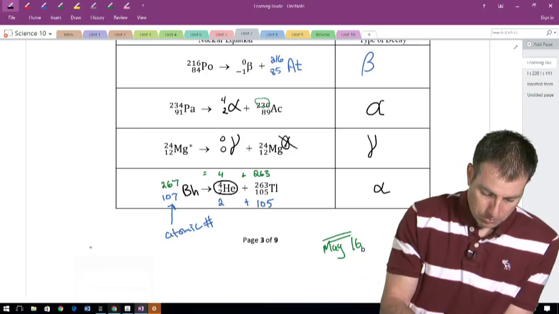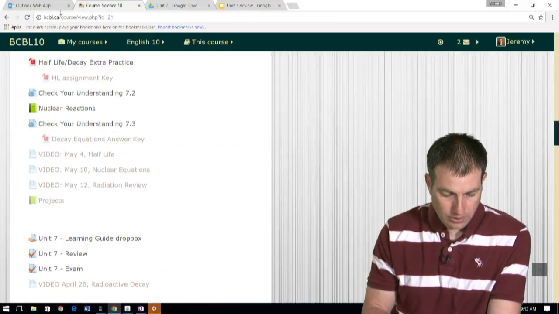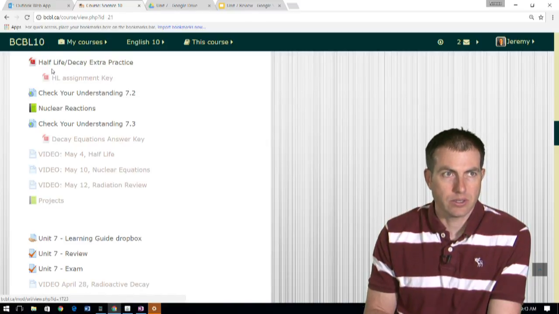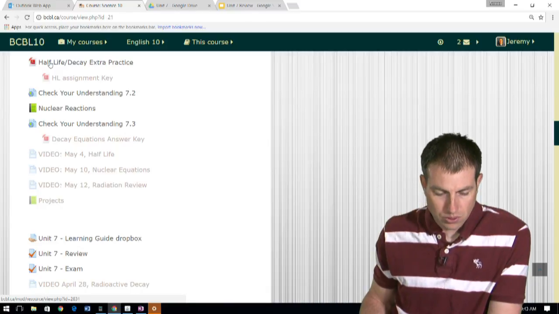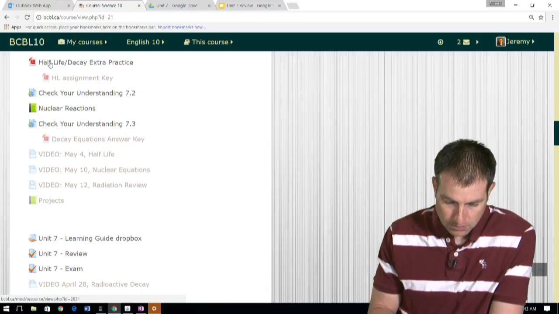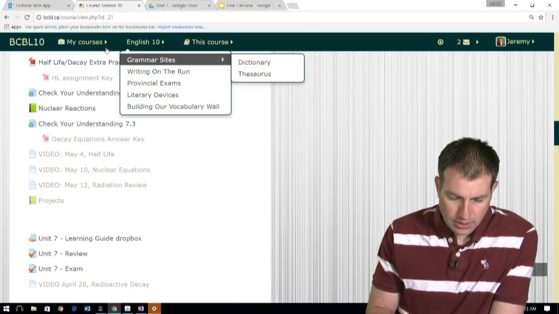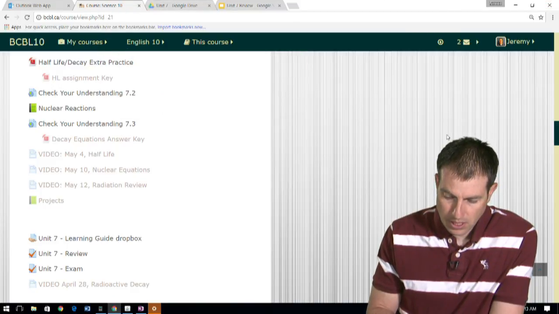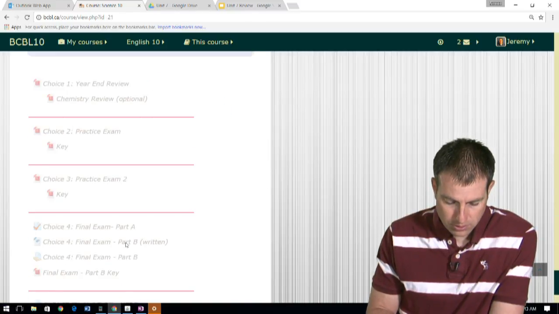In Unit 7, there's the half-life decay extra practice right here at the top. I want to go through just a few of these. It's just a PDF document. And if you didn't do the half-life activity, then you are going to do this sheet.